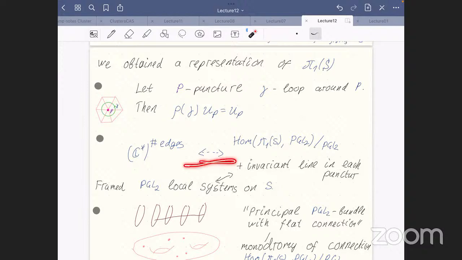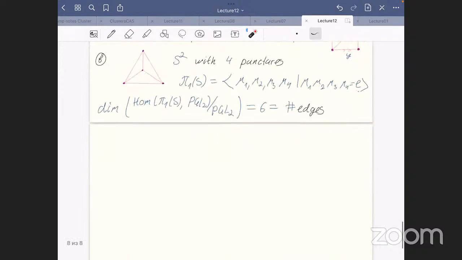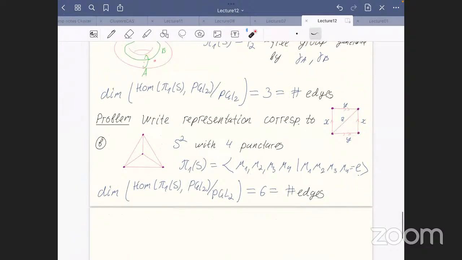So in principle, we have one-to-one correspondence for generic positions. So therefore, the dimensions should coincide. But maybe it's hard to follow whether it's proof or just speculation. And this example can support.